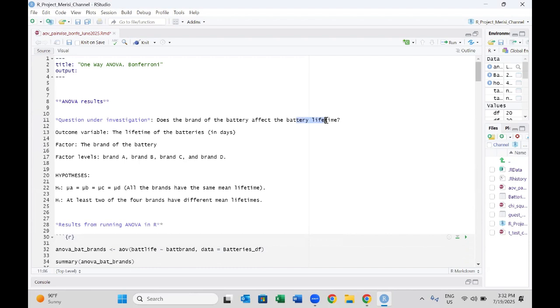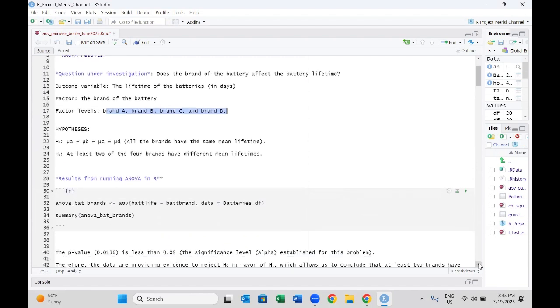Okay, so we want to see if the factor brand influences the outcome variable lifetime. And in this case, we are comparing four brands. All right. The hypotheses that we are testing in this case are the null hypothesis that all the brands have the same average lifetime versus H1, at least two of the four brands have a different mean lifetime.